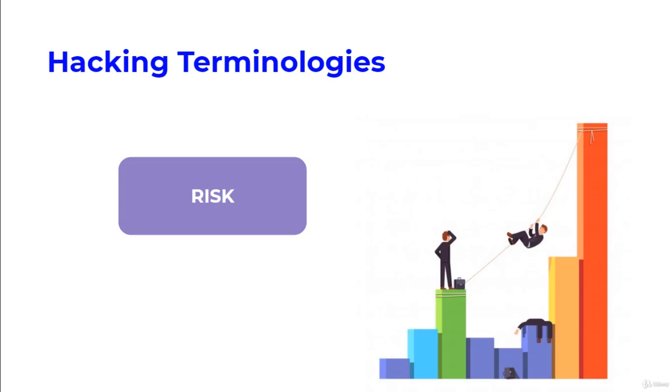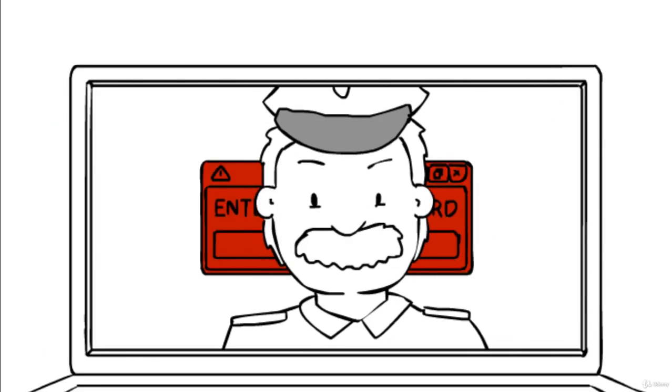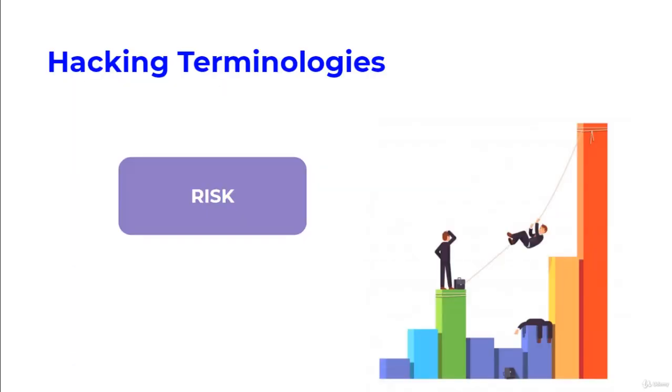Risk can also be defined as the potential for loss, damage, or destruction of an asset as a result of a threat exploiting a vulnerability. Now, all of these terms we have seen previously. So, reducing the potential for risk by creating and implementing a risk management plan is very essential. Risk is the intersection of assets, threats, and vulnerabilities.